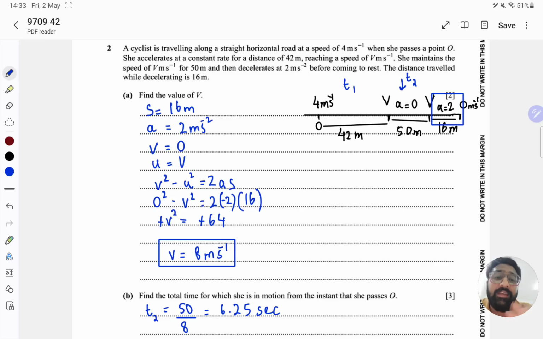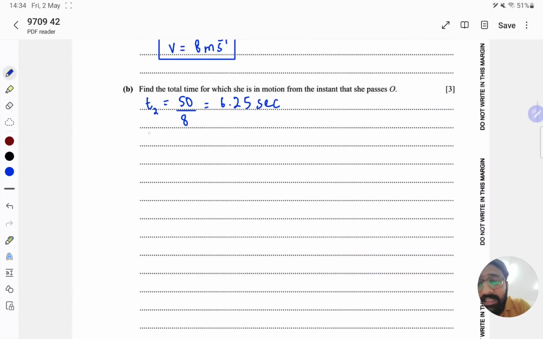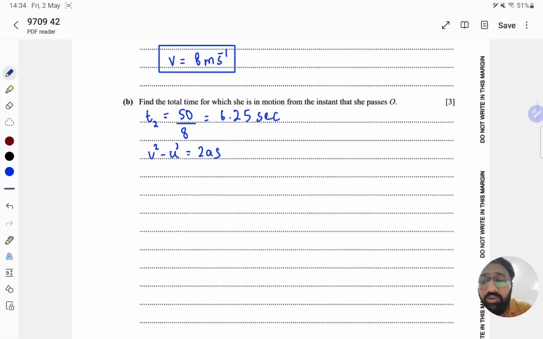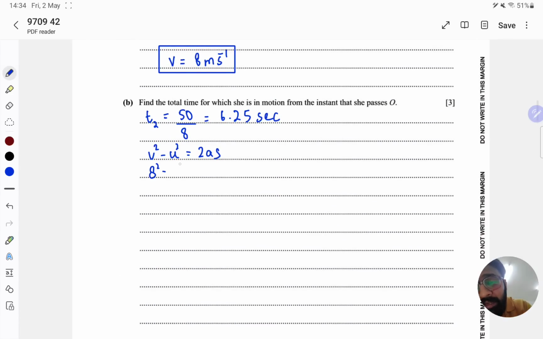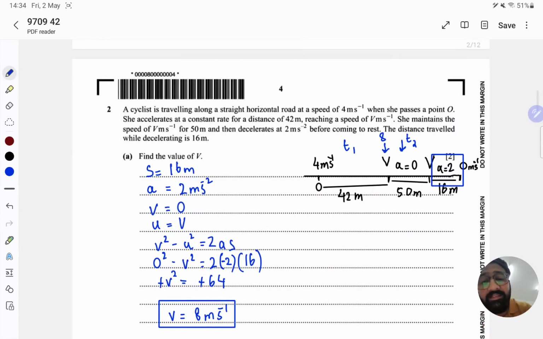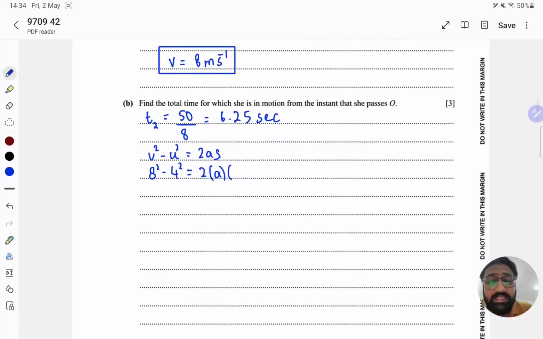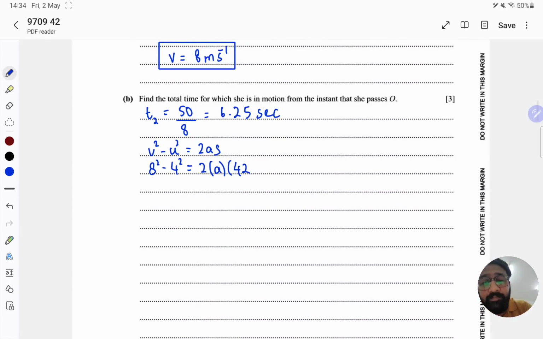But in this first portion of the journey, the object is accelerating. So let's first of all find its acceleration using v square minus u square equals 2as. The final speed when he is reaching this point is 8, so 8 square minus the starting speed when he is passing from O, which is 4 square, equals 2 times the acceleration, which we are unaware of, times the distance that he has covered, 42.